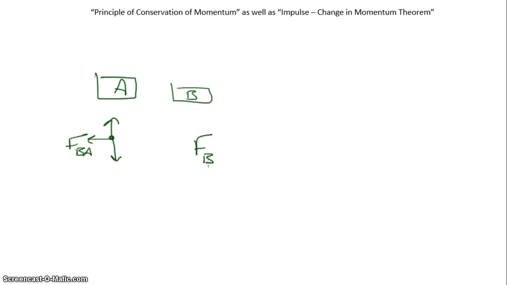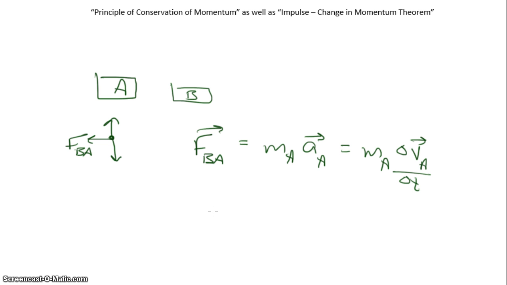So the force B exerts on A equals the mass of A times the acceleration of A. And we've already written that also as mass change in velocity over change in time. And when I multiply the time across, I get this. The force B acts on A multiplied by time equals the mass of A times the change in velocity of A.